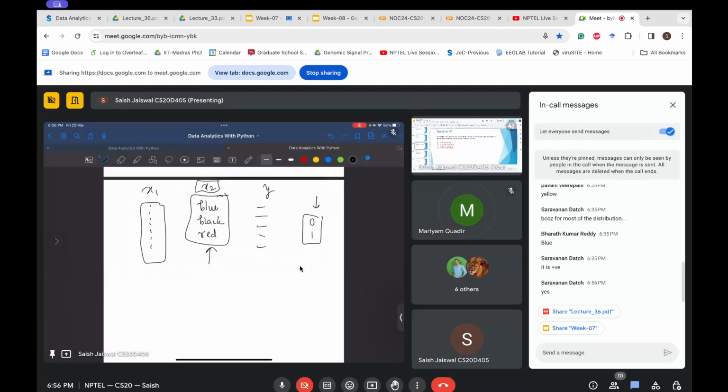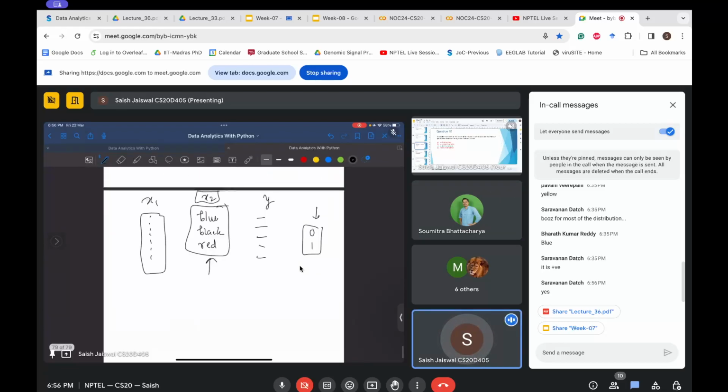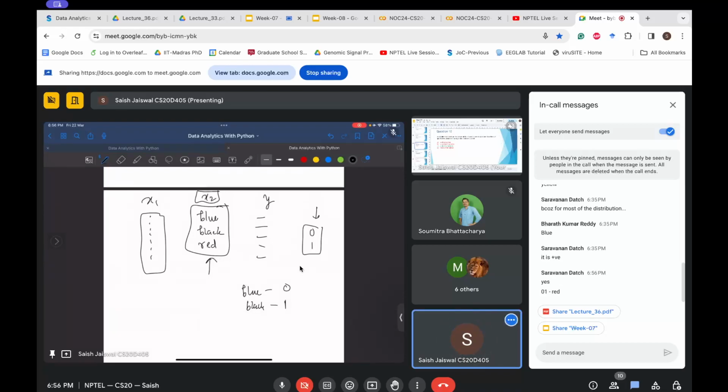No. Okay, so what can be done over here? 0, 1 and 2? I think that will be sufficient. Okay, let's say 0 represents blue and 1 represents black. So how will you represent red? Yes, that is correct, Sir Anand.